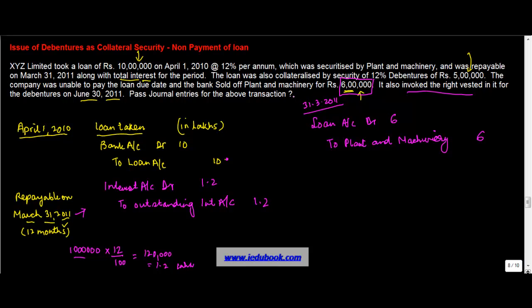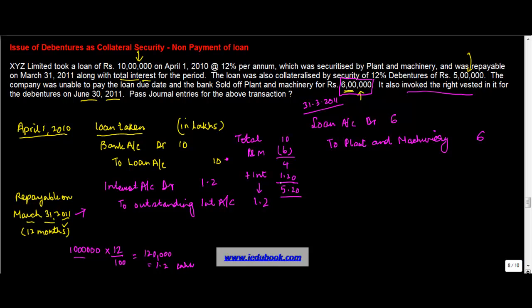The question is important because the total liability due to the bank was 10 lakh, out of which they took plant and machinery for 6 lakh, so the liability left is 4. But in addition to this 4, you have interest also, which was outstanding as on 31st March, which is 1.20. So the total amount due to the bank was 5.20.